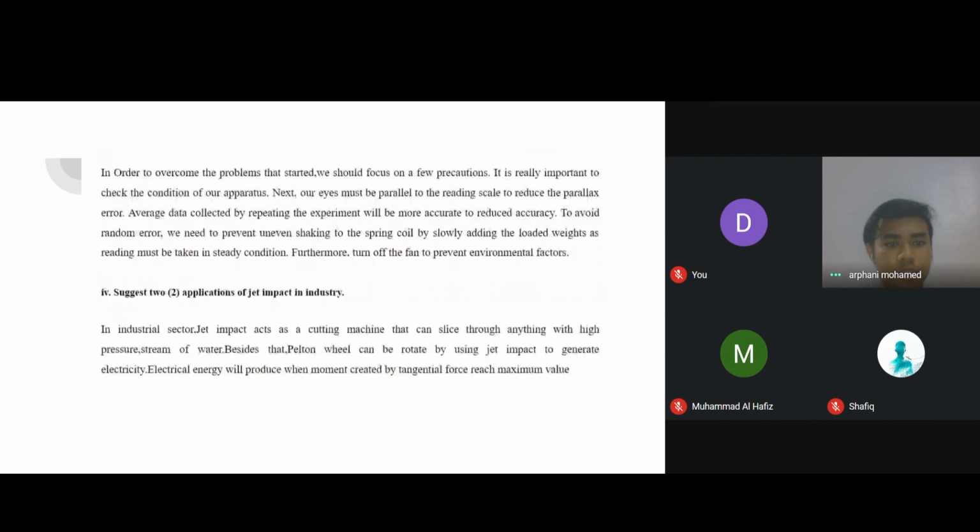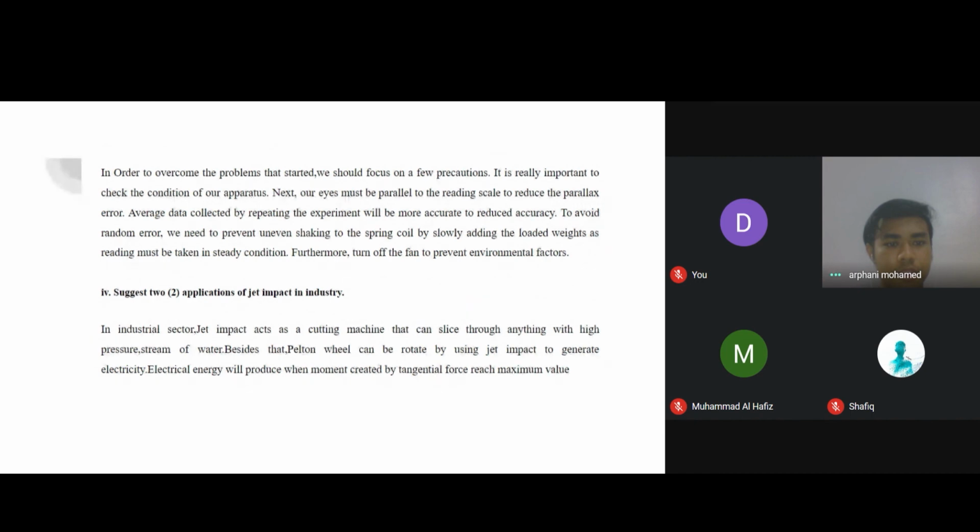Next, for the precaution steps, we should focus on a few things. It's really important to check the condition of our apparatus. Next, we must make sure our eyes are level with the reading scale.